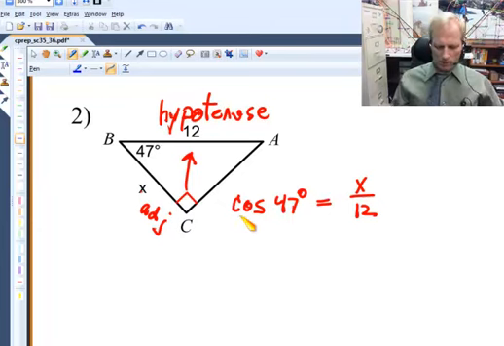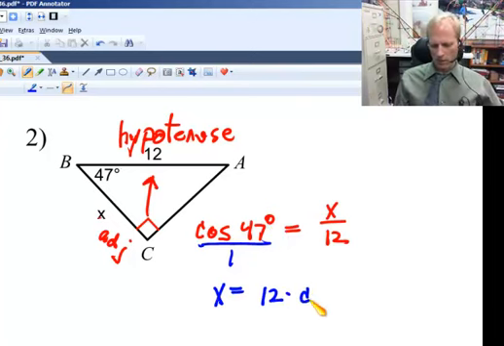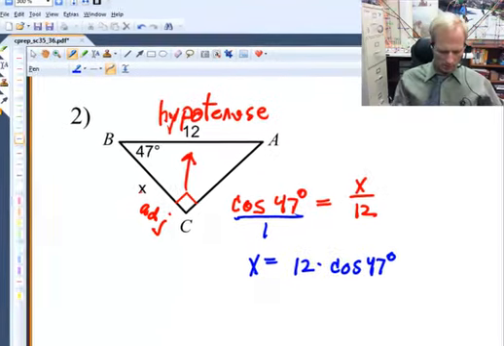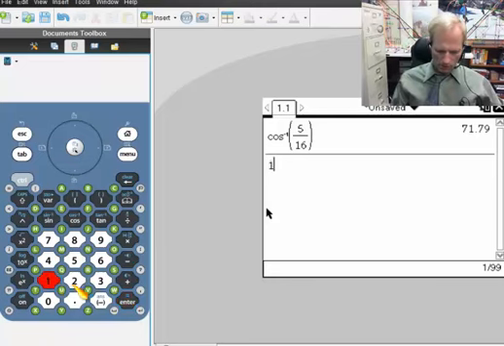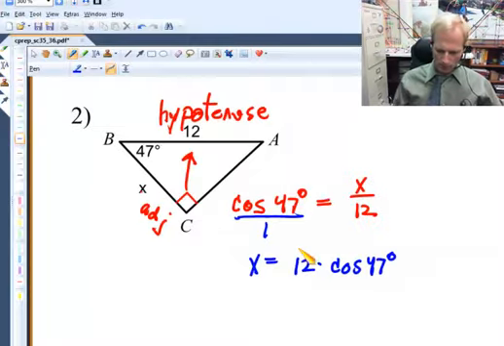Alright, now I'm going to solve that equation by making a proportion, writing cosine of 47 degrees over 1, and then I'm going to cross multiply. And that's going to give me x equals 12 times cosine 47, which I'm going to do on my calculator. So I go to 12 times cosine 47, and that gives me 8.18 or 8.2, and I'm done.